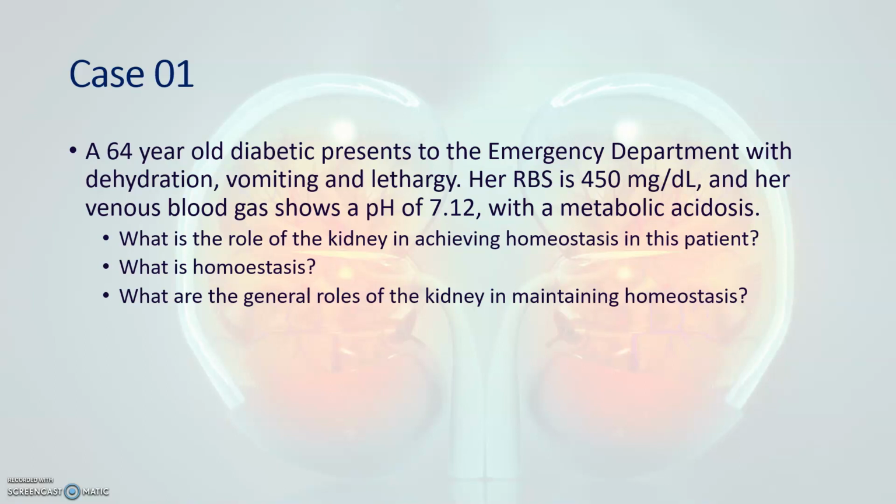As we described earlier, that would be at the expense of magnesium and phosphate, and calcium as well, but the big ones are magnesium and phosphate. And also, because of the effects of a lack of insulin in this case, and an increase in the counter-regulatory hormones, there's also a loss of potassium. So although the potassium concentration in the extracellular fluid is high in these patients, the total body potassium tends to be low.